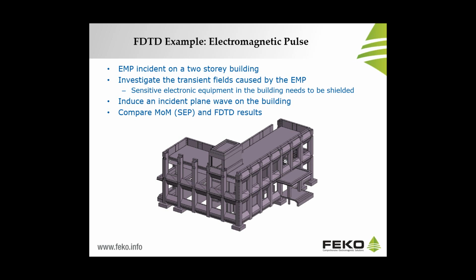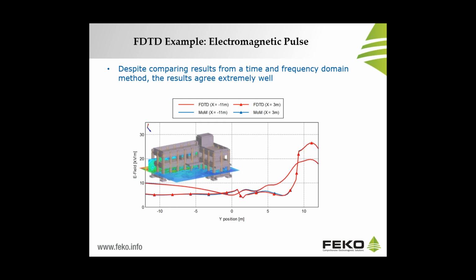The building structure is simulated with FDTD using a typical pulse, and the results are cross-validated with the frequency domain method of moments at the specific frequencies within the spectrum of the pulse. Here we show you a first slide with some results where you have the electric near field, we are comparing FDTD with method of moments at 2 different positions, and you can see that also the agreement is very nice.